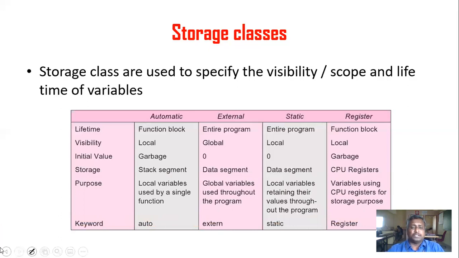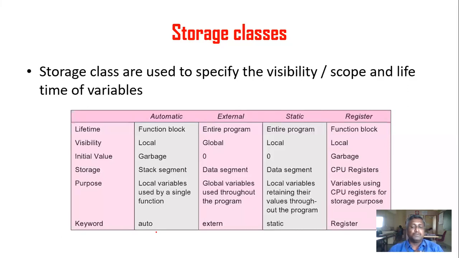How do we specify it in the program? We use keywords. For automatic, we specify the keyword auto, then the data type followed by the variable. Similarly, for external we specify extern, for static we specify static, and for register, register, then the data type and variable.